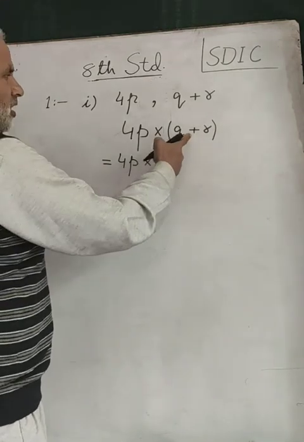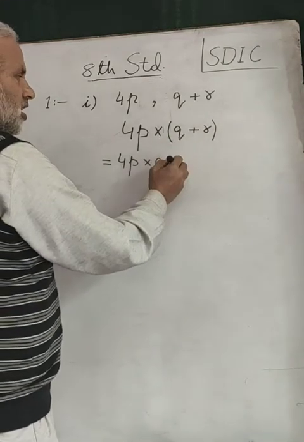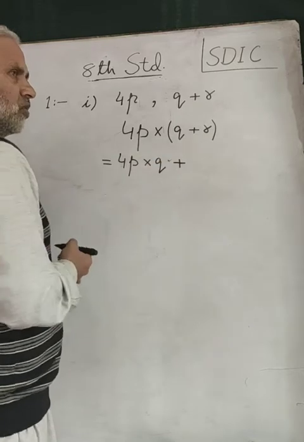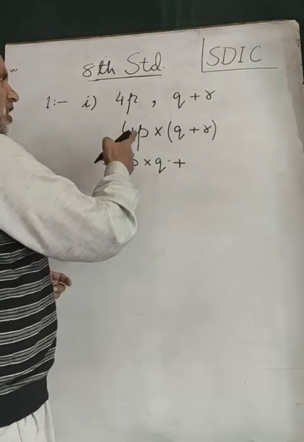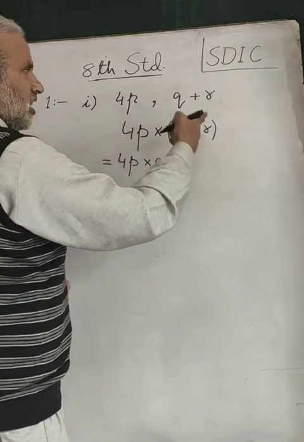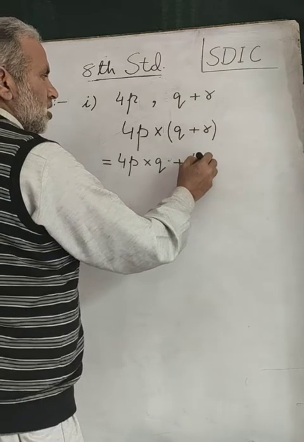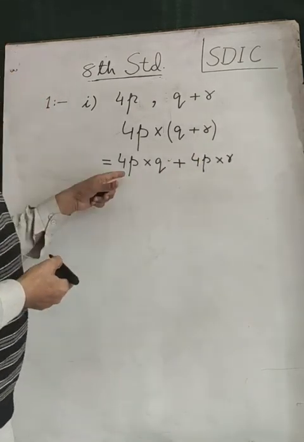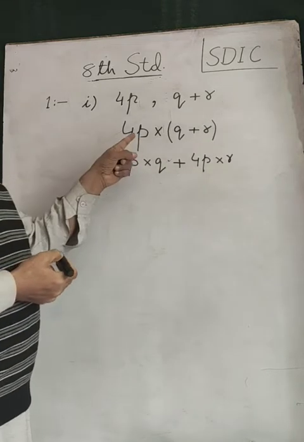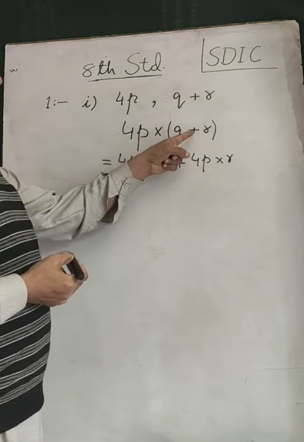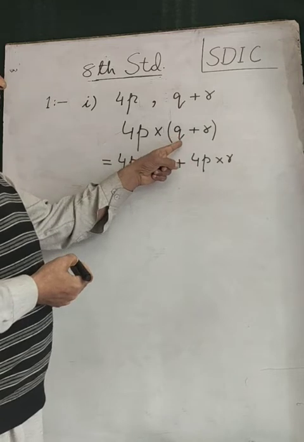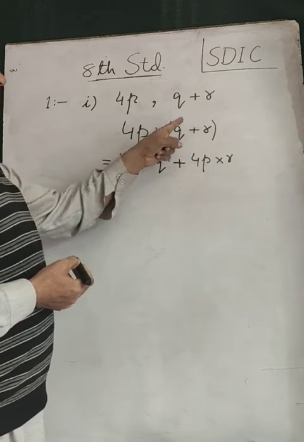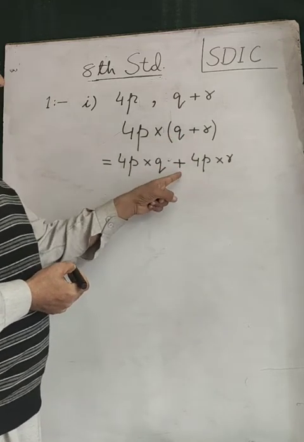It will be followed by the sign that is in the bracket, plus sign here. So we'll put a plus sign here now. And then multiply by this 4p, the second term also. 4p is multiplied by r. This is use of distributive law. 4p got distributed over this addition. It multiplied first q, it then multiplied r also, with plus sign separating them.